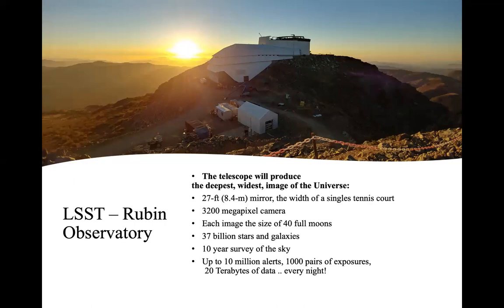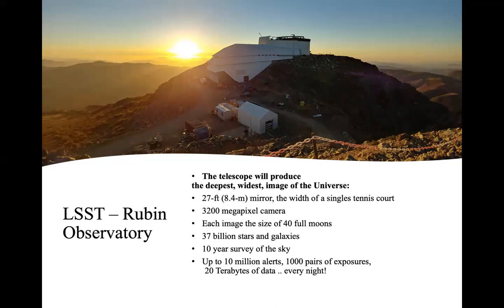And this telescope is in fact a very special one, which will use the highest technology available. It could do wonders, and let's see the reason for that. As I have mentioned here, the telescope will produce the deepest and widest image of the universe.